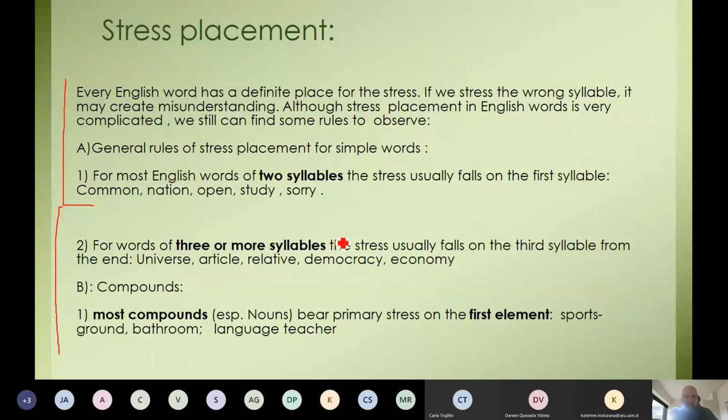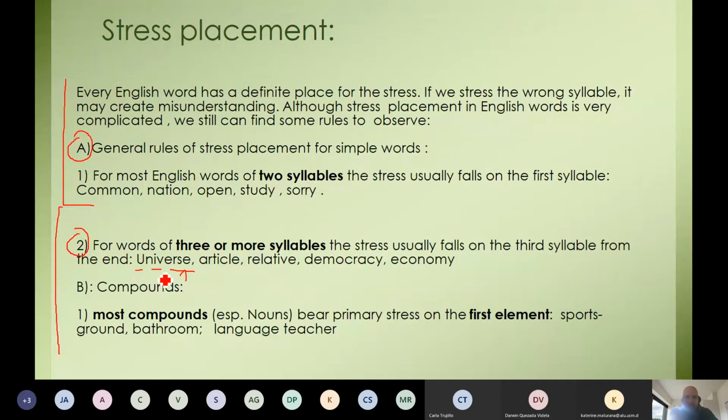At least 4 words. One of them may be following this one, a 2-syllable word containing the stress on the first syllable, or the second one could be a 3 or more syllable word containing the stress on the third syllable, counting from right to left, by the way.